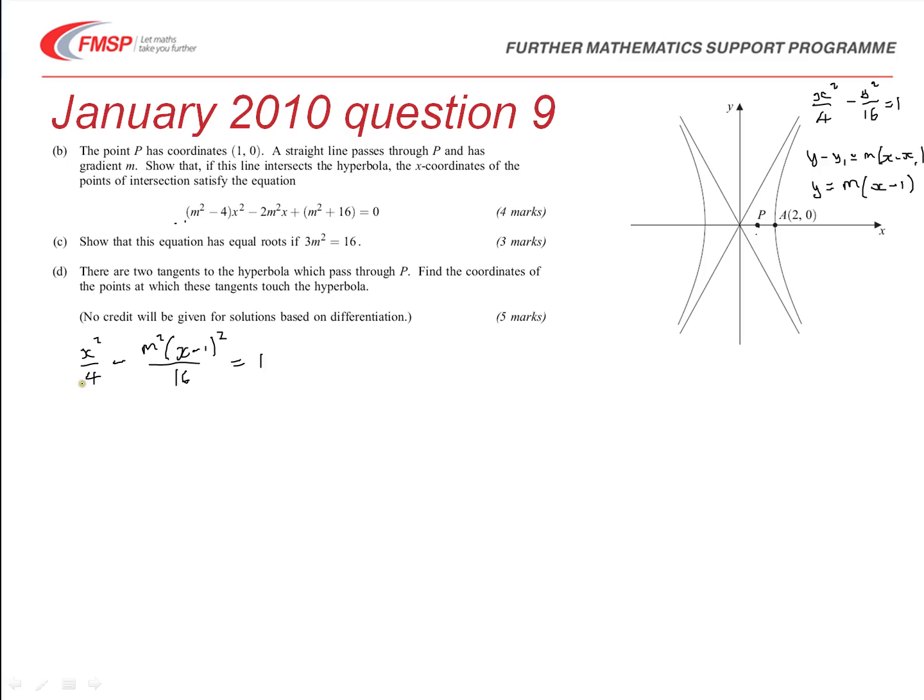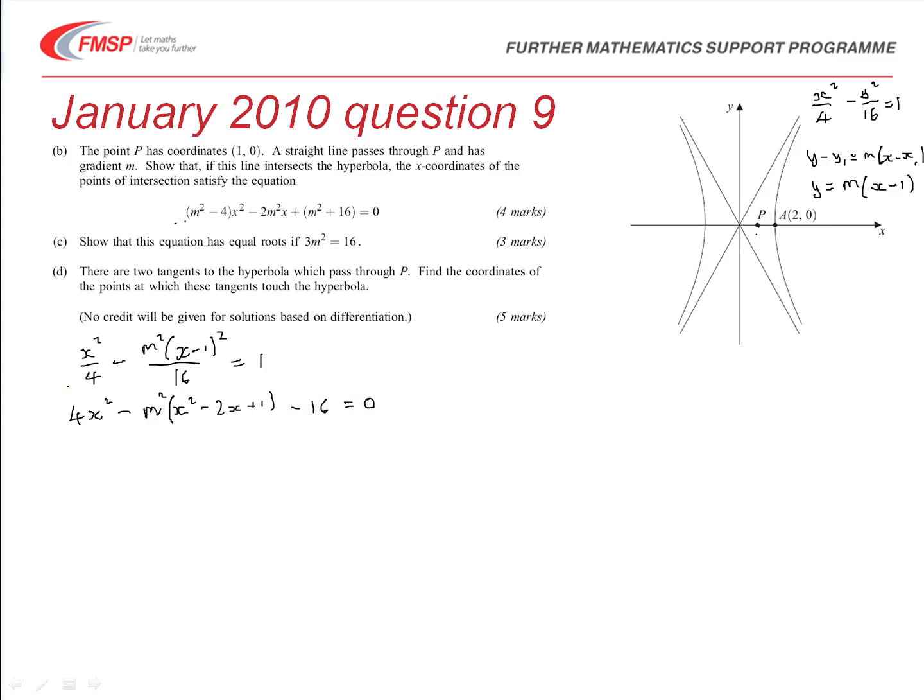We multiply through by 16 and expand these brackets at the same time. We'll get 4x squared minus m squared, and then we square this bracket, we get (x squared minus 2x plus 1) in brackets, and then the 16 that we get on this side we can subtract over to this side.